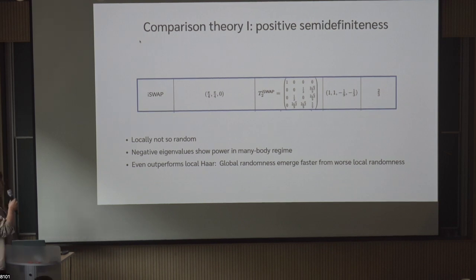But by the suppression theorem that we had a few slides ago, we know that in the many-body regime, these negative eigenvalues show their power because they get lifted a little bit slower. So although this kind of gate is locally less random, global randomness can emerge faster.